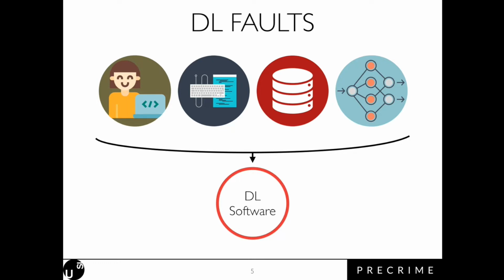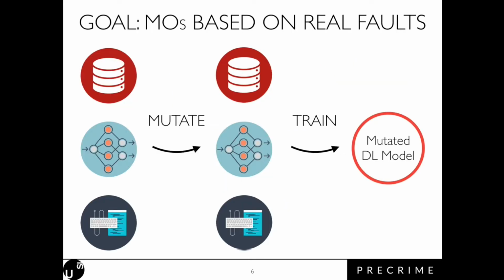And if we want to adapt mutation testing to DL systems, we cannot really use traditional syntactic faults that are applied to the software code, because it's not very realistic. Also, there exist a number of works that try to adapt mutation testing to DL models, but their principle is in taking an already trained DL model.